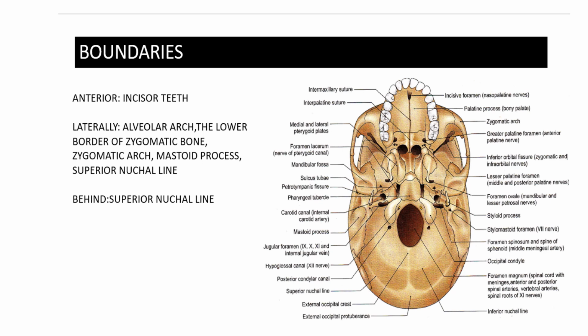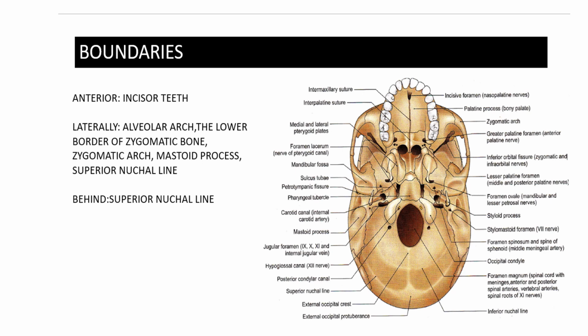So first of all, when we see a skull from underneath, the anterior boundary is formed by the incisor teeth, and behind, the superior nuchal line forms the posterior boundary. And when we study Norma basalis from the lateral side, like the lateral boundary of the Norma basalis, first of all we see the alveolar arch.